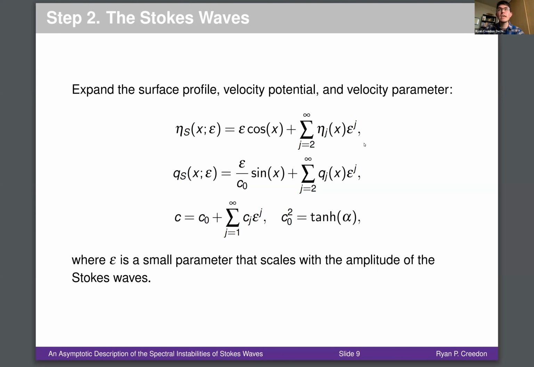It's a parameter that scales with the amplitude of our waves in this non-dimensional setting. And then we're also going to have to expand our velocity potential at the surface. And because this perturbation method is essentially a Poincare-Lindstedt perturbation method, you have to also expand the velocity of the Stokes waves to knock out secular terms when you're calculating the corrections to these Stokes waves.